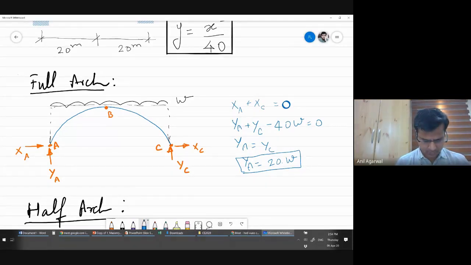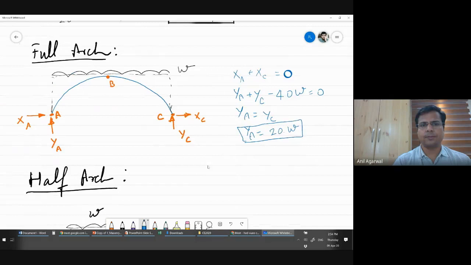But I don't know how much is XB yet. Okay. So let me do some moment balance here. So this was sigma Fx is equal to 0.